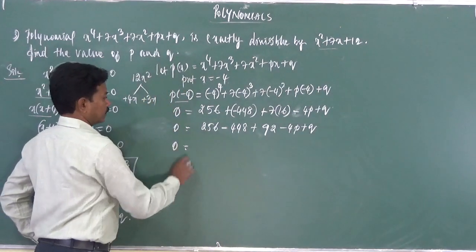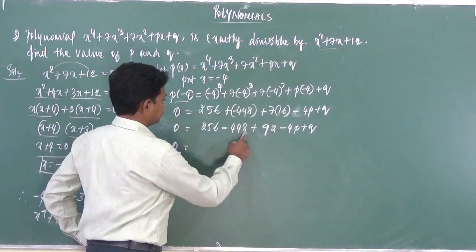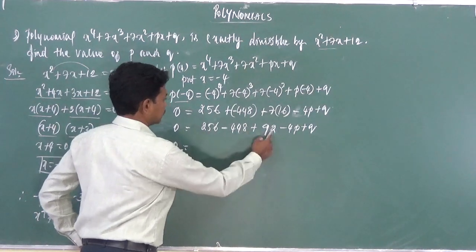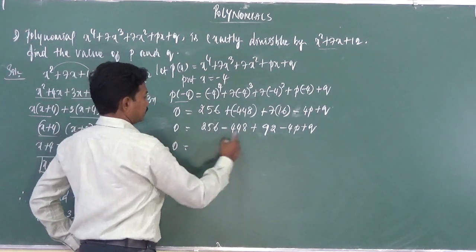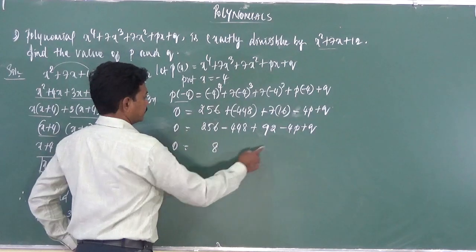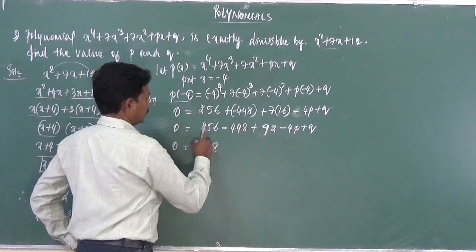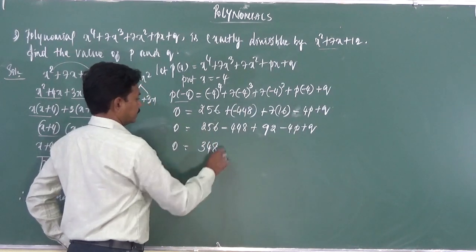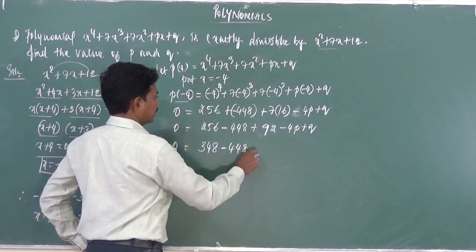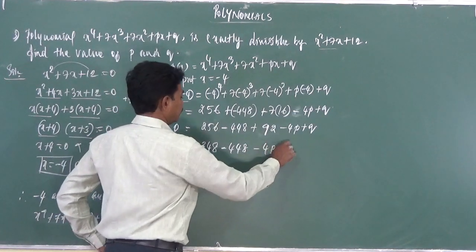Okay, we'll add the plus terms first. So 6 plus 2 is 8, 9 plus 5 is 14, plus 3, that is 368 minus 448 minus 4p plus q.